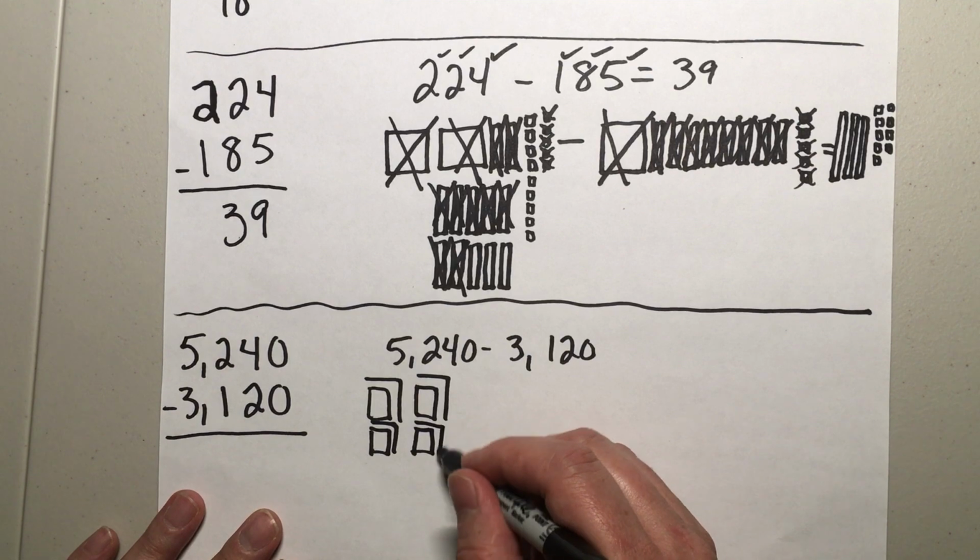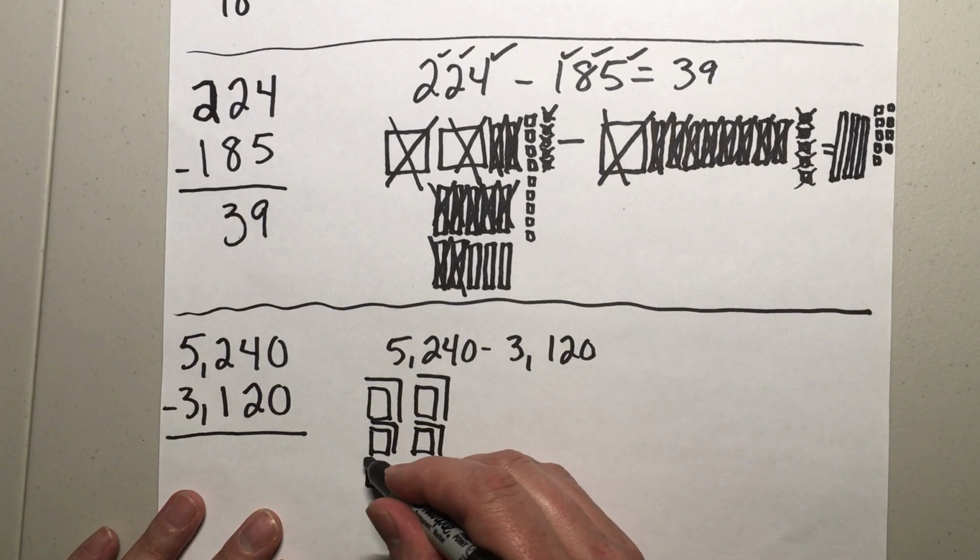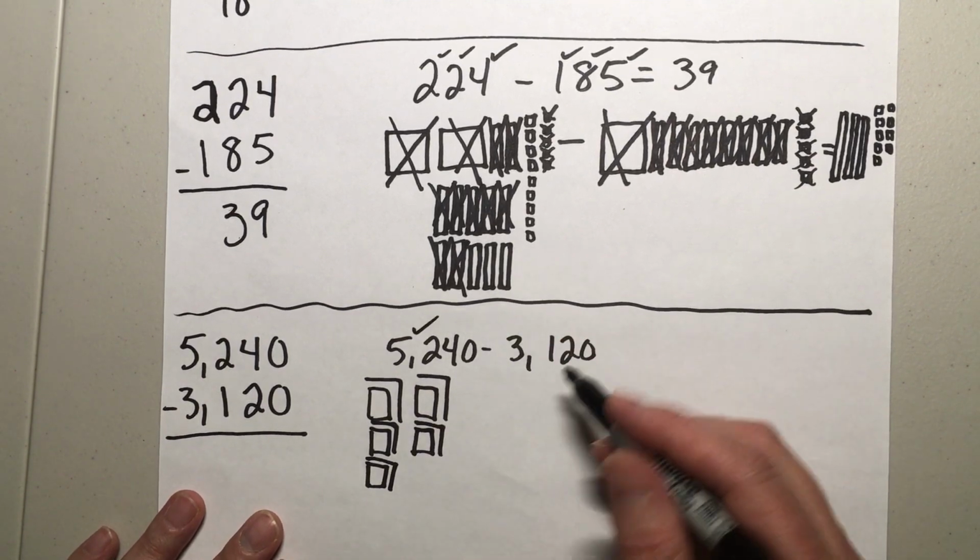Running out of space here a little bit. 5,000.